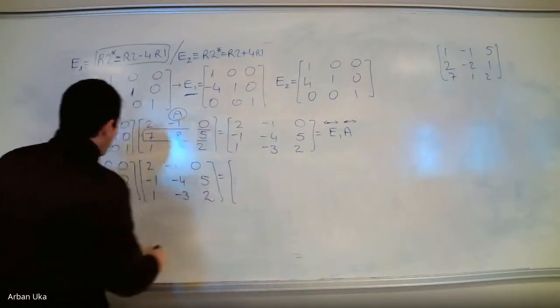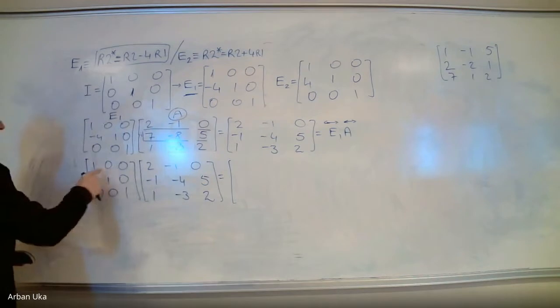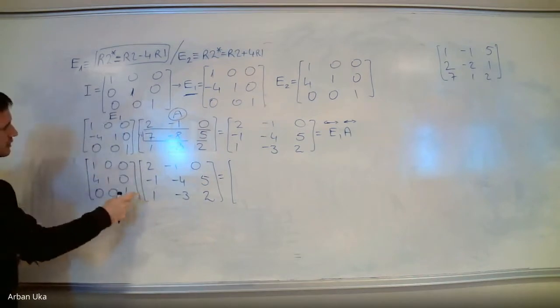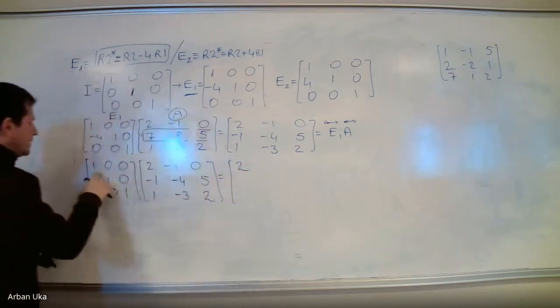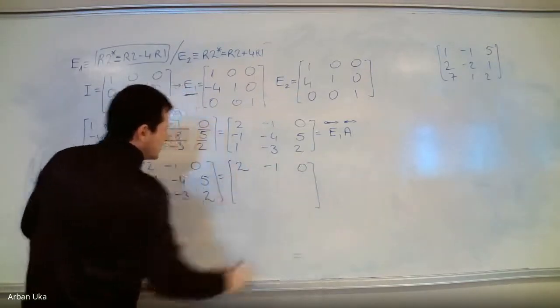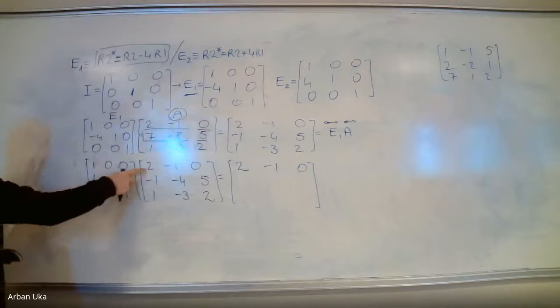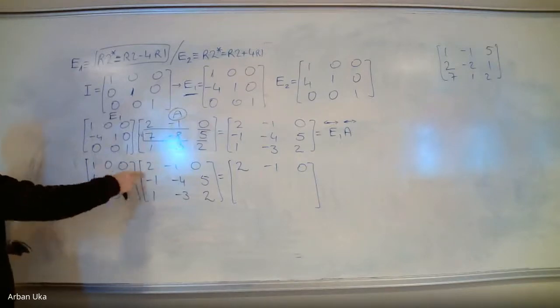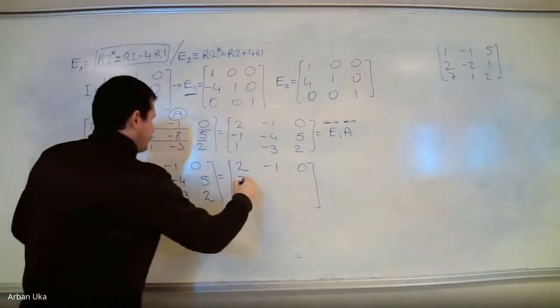This is going to be equal to 1, 0, 0 times 2, minus 1, 1. We get here 2. Then we have minus 1, 0. So these don't change. And then here we have 4 times 2, 8. 8 minus 1, 7.